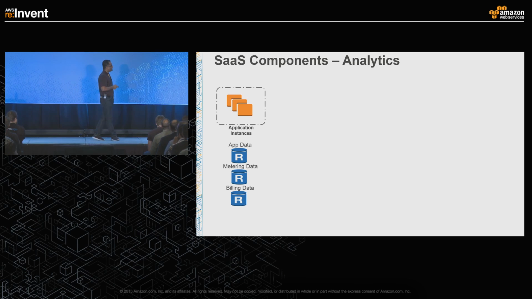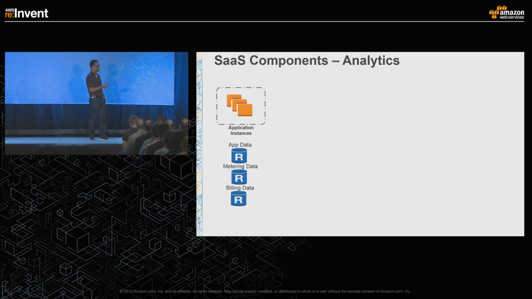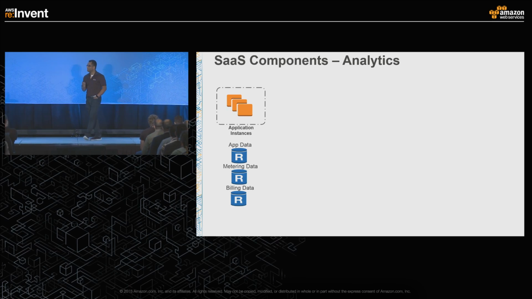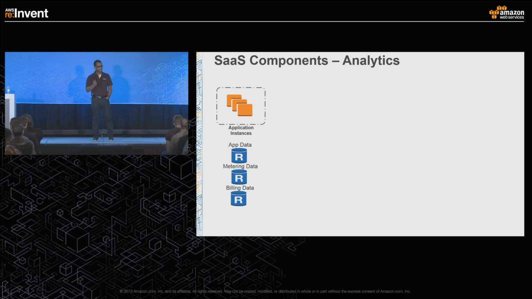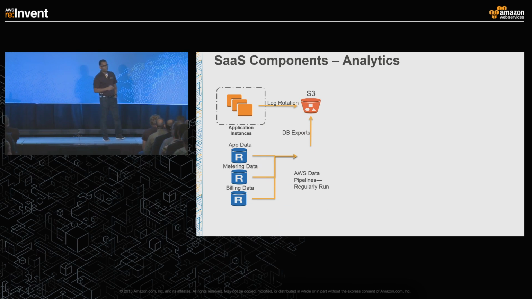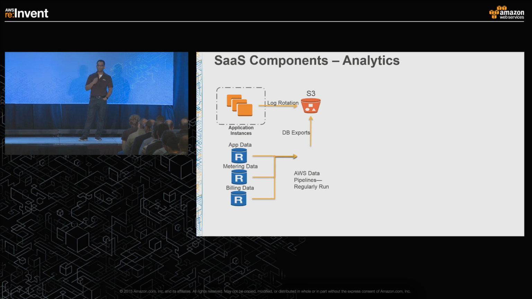You can see on the left-hand side, you have various data sources. These could be your application EC2 instances, these could be your containers, and these could be various databases that hold application, metering, and billing data. And so you should have a plan in place to rotate your logs and put them in durable state, such as S3.